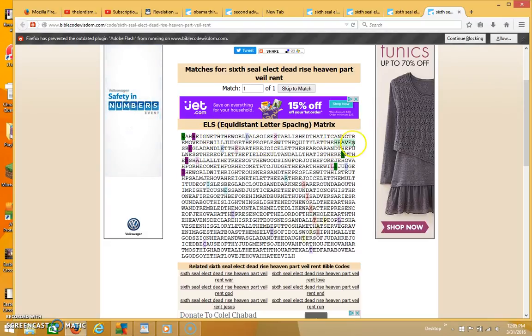You see the word heaven actually comes up in the plain text right here in the green, but you have the word veil in the dark green, and you see the letters V, and I'm not sure where the E is. I think it shares with heaven.